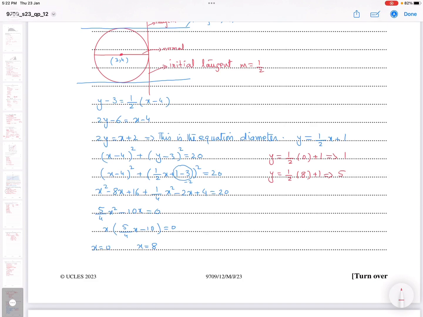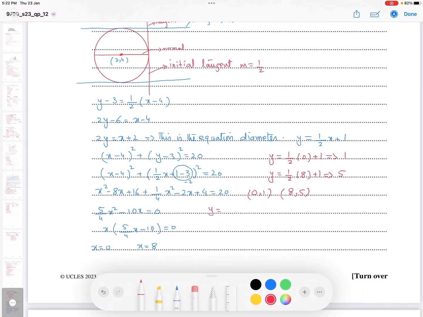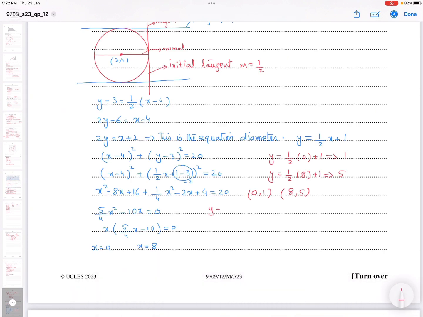So your coordinates would be 0, 1 and 8, 5. So now y minus 1 equals minus 2, x minus 0.